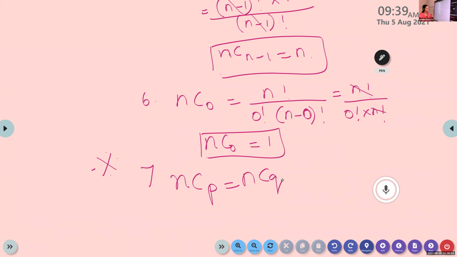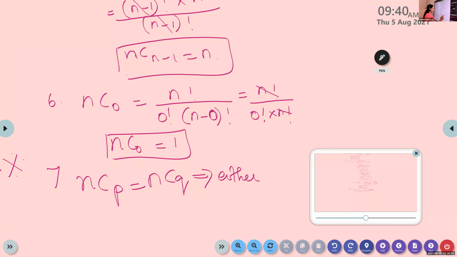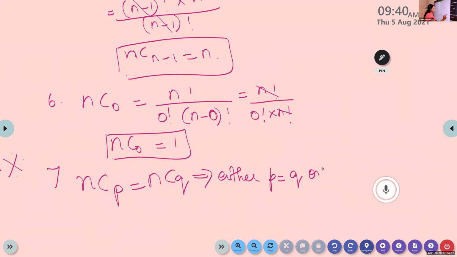Look here, the total number of objects is the same, but here we select p objects, here we select q, and the values are same. So nCp is equal to nCq implies either p is equal to q or p plus q is equal to n.